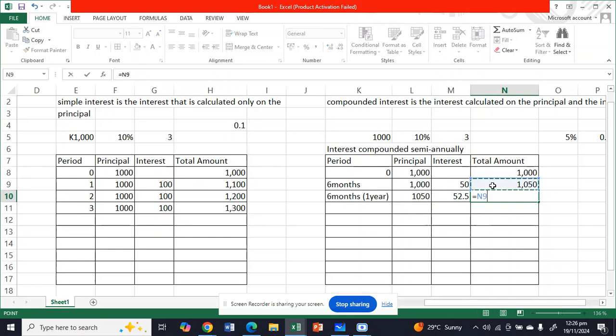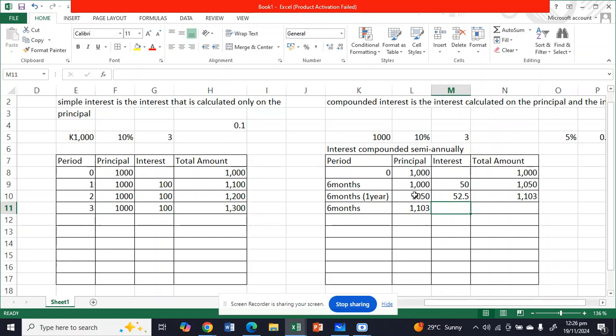So how much do we have in total in our bank account? We have 1103 kwacha. All right. Then another 6 months passes. Basically, we're entering into year two. So as I said, compound interest is the interest calculated on the principal and the accumulated interest.